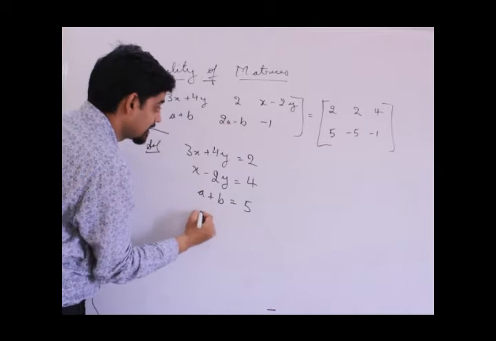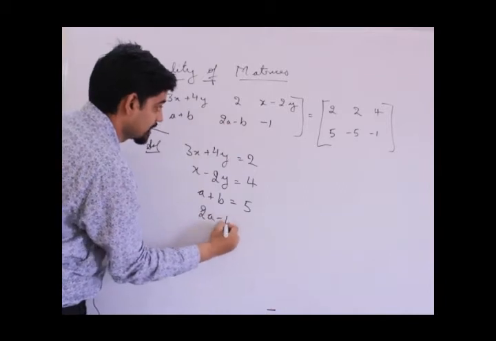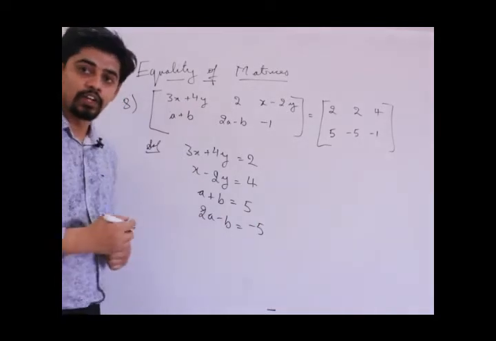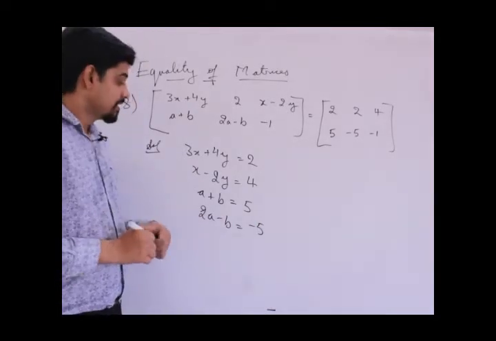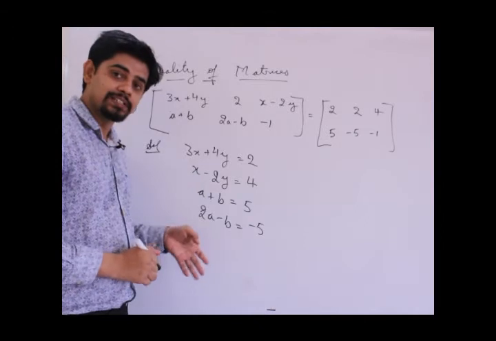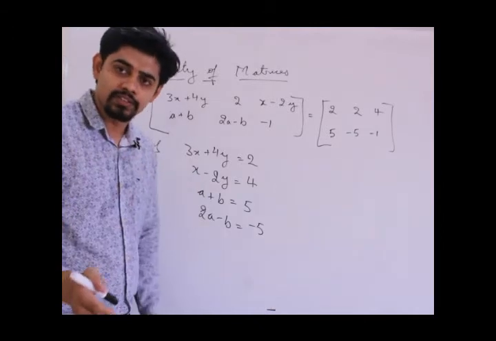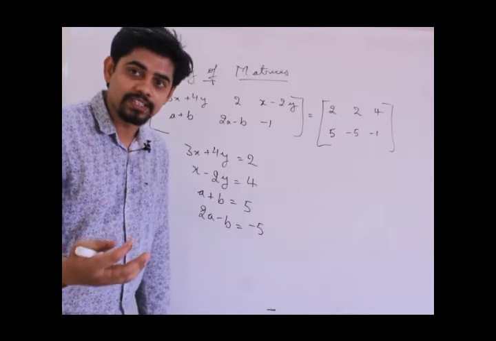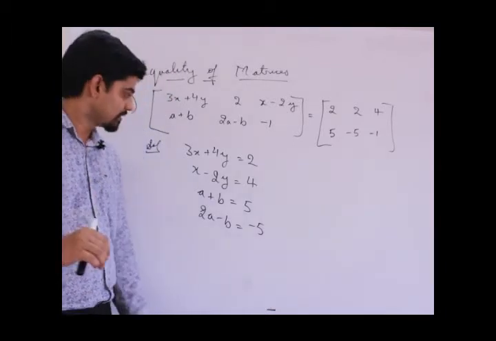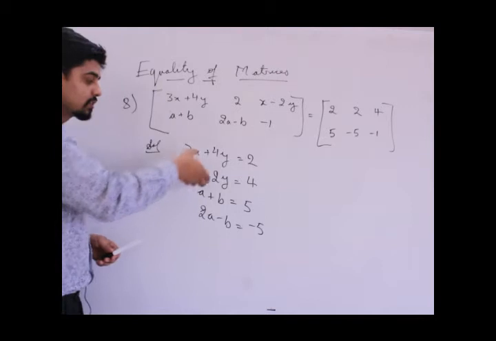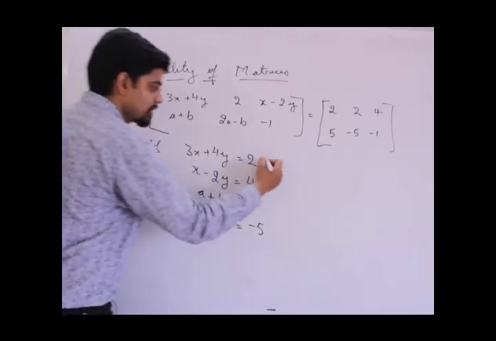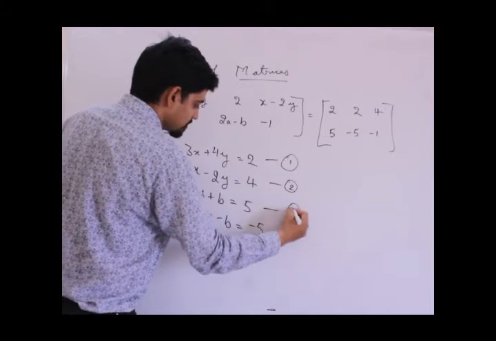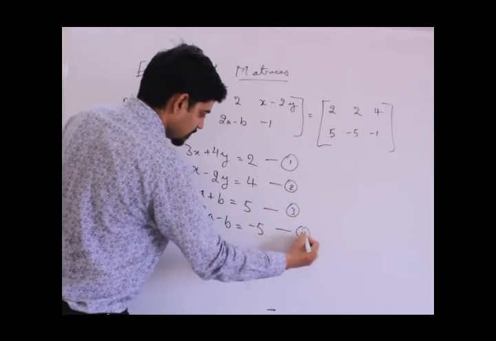And the next equation we can have is minus 5. So these are 4 equations. As you can see, there are 4 variables and we have 4 equations. If the number of variables and number of equations is equal, then we can solve it. So we will consider the first 2 equations, equation 1 and equation 2. This is equation 3 and equation 4.